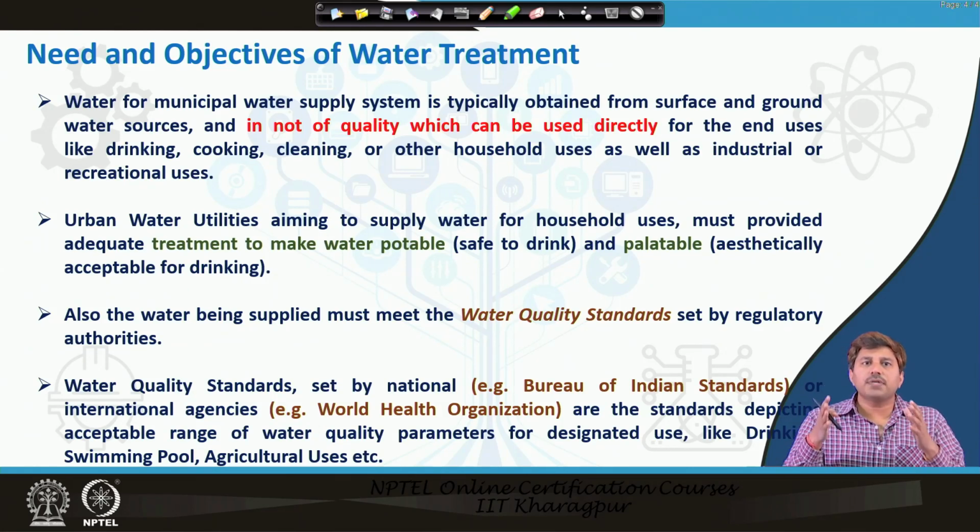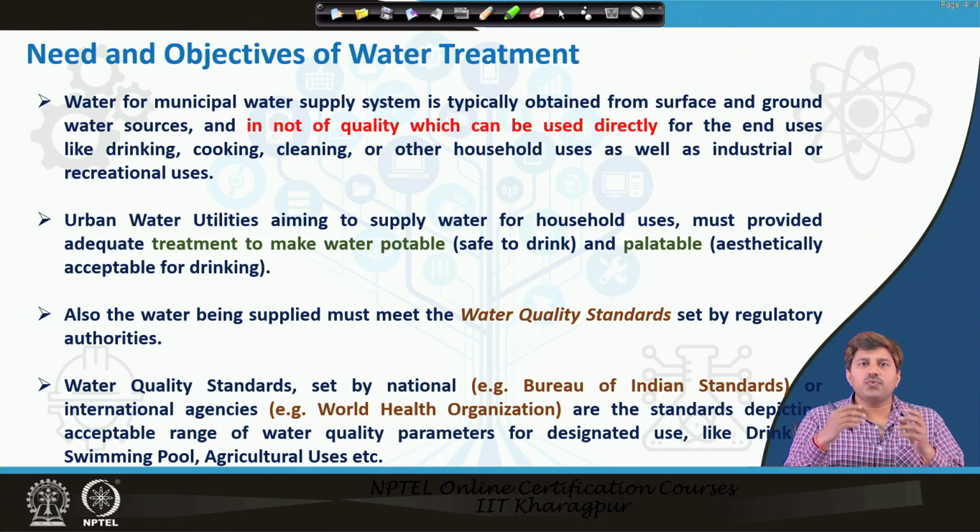So, the very basic objective of water treatment is to treat that water, to clean that water, to remove the pollutants from that water, so that the water can be used for end uses like drinking, cooking, cleaning or other household uses. Okay. Or if our intended supply is for industrial uses, we can make it fit for industrial or recreational uses.